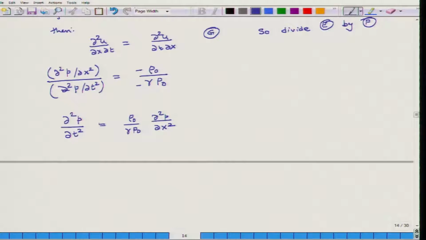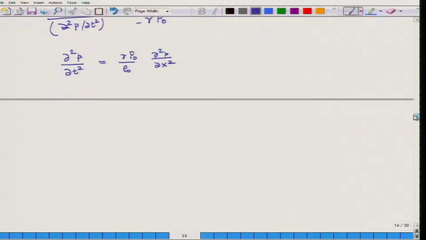Now, I think I made an error. So, this is equal to gamma p naught over rho naught, and I have to write this clearly. Now, gamma is a positive number, p naught is the pressure at rest in the fluid, it is a positive number, rho naught is a positive number.